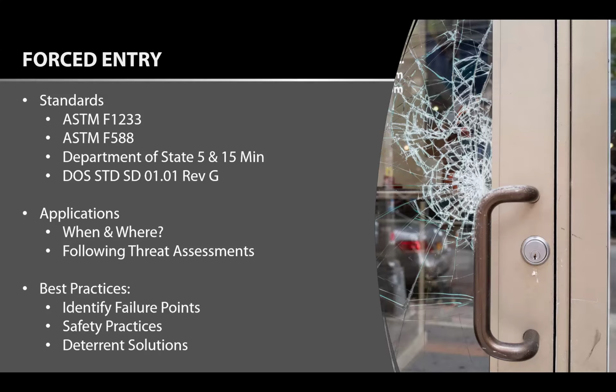These windows and doors must maintain their structural integrity before anything penetrates through to the other side. So the three things that are common throughout all forced entry rated standards are: 1, the number of attackers; 2, the types of tools that are utilized to attack; and 3, the time or the duration of how long they are allowed to attack or try to break through to the other side, right?